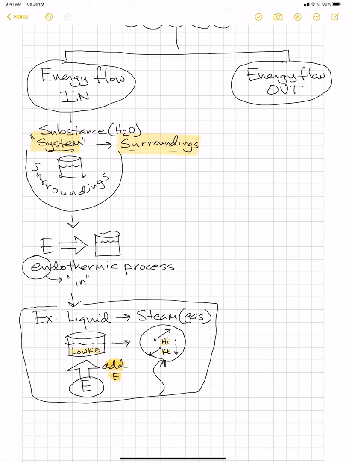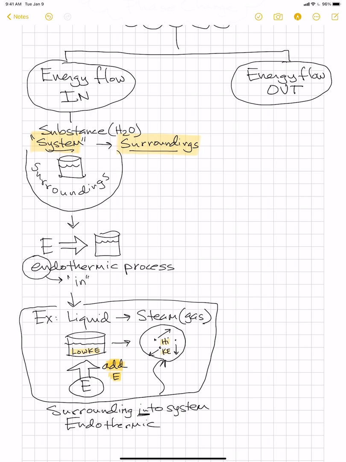So we say that the energy goes from the surroundings into the system. And if you look at this word right here, in means endothermic.